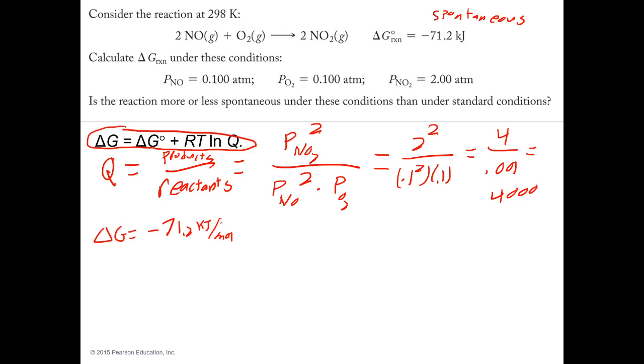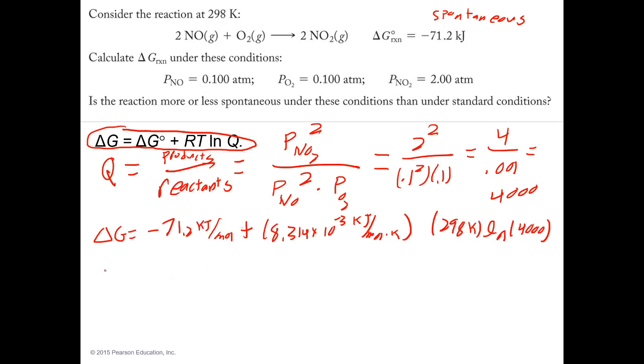Otherwise, it may look weird, like, wait, why does my unit not work out? R has moles in it. How did that get accounted for? It did by that step there. So we have plus our R, 8.314 times 10 to the negative 3 kilojoules per mole Kelvin, times our temperature. We know our temperature is 298 Kelvin. And we know we want to take the natural log of our Q, which is 4,000.